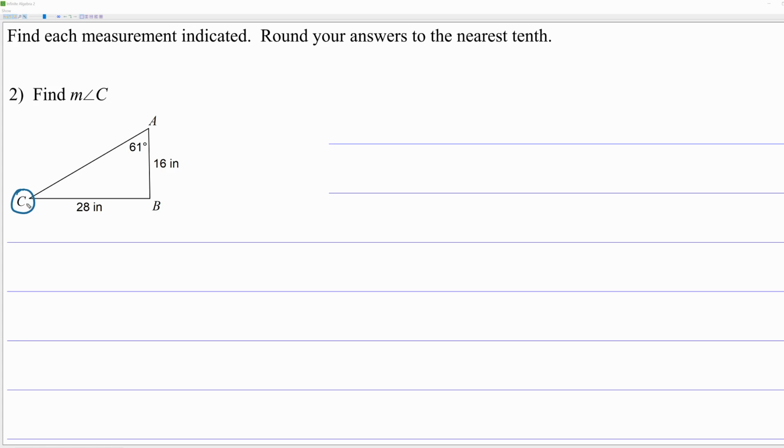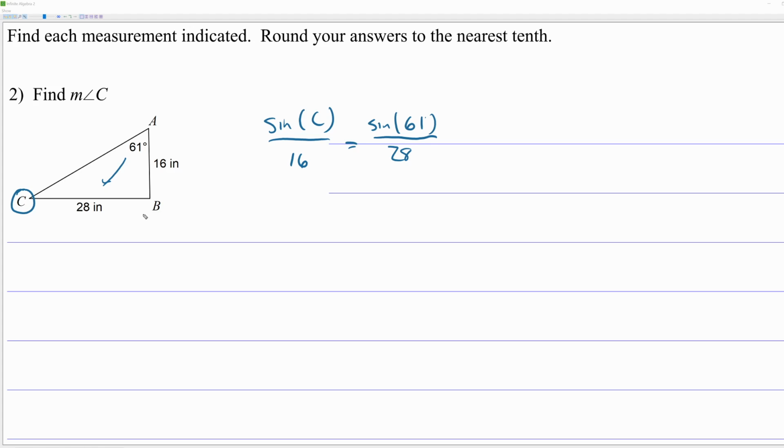Now, C is an angle, so I can put that in the top. So the sine of angle C over the side across from it, which is 16, is the sine of angle A, which is 61 degrees, over the side across from it, which is 28.